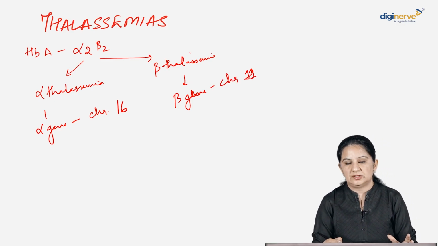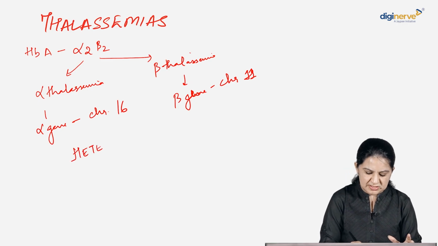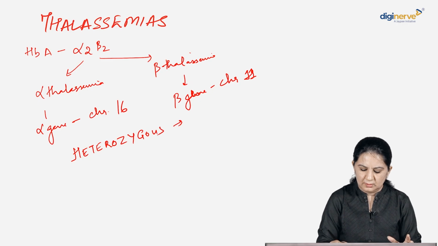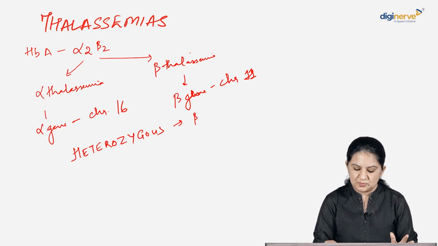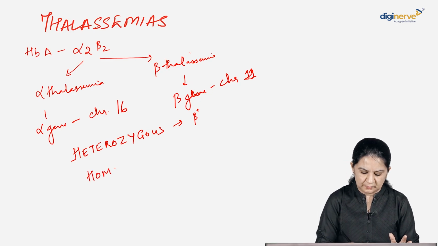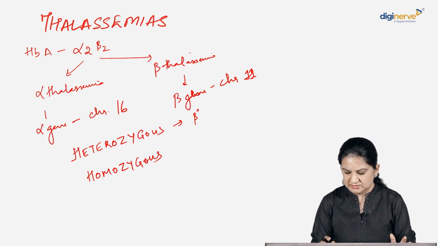We also use the terms heterozygous and homozygous. Heterozygous means that there is some synthesis of beta chain. So, beta chain is present, some synthesis. Homozygous, there is complete absence of beta chain. No beta chain is synthesized.